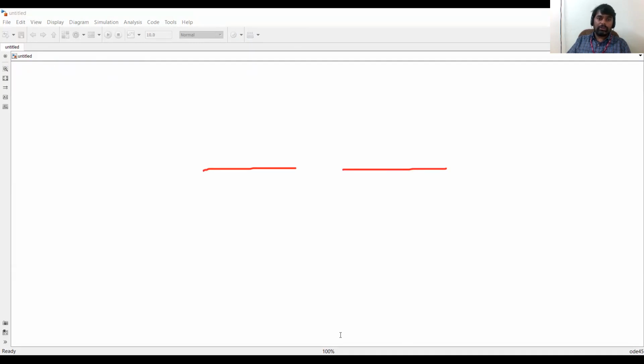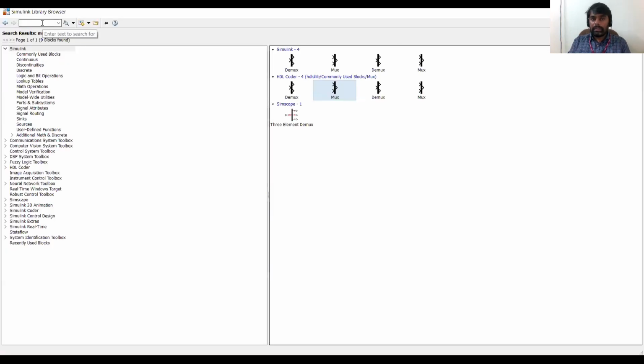You can find the library browser here. You just click on this one so that you can see this library browser. Okay, I'm going to share that one. Okay, where is the library browser? Here you can see.